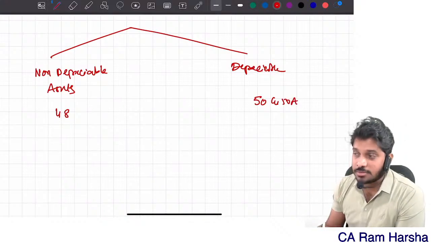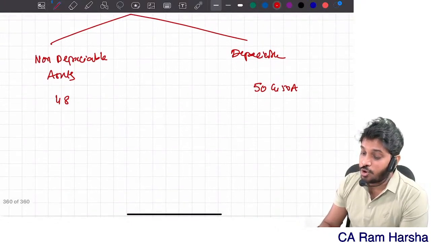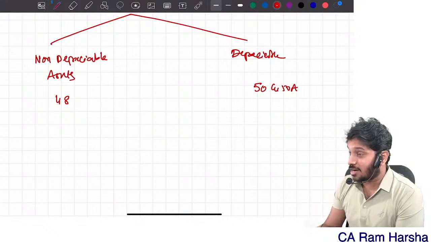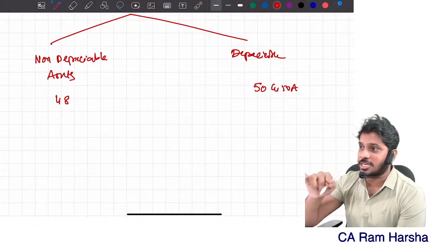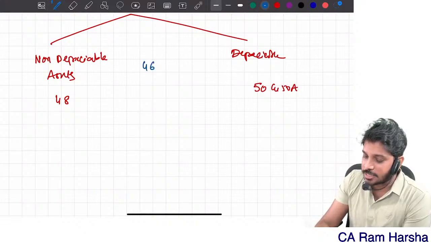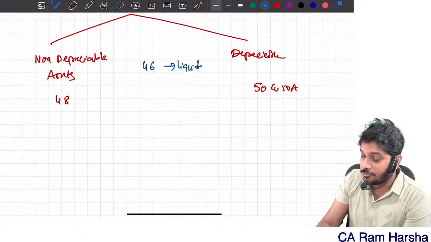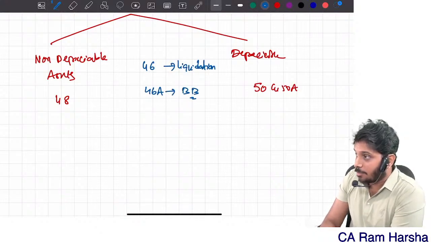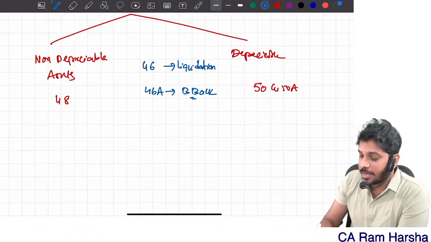Apart from this, there are a few more sections which talk about computation of capital gains: section 46, on account of liquidation; then 46A, computation of capital gains on buyback.